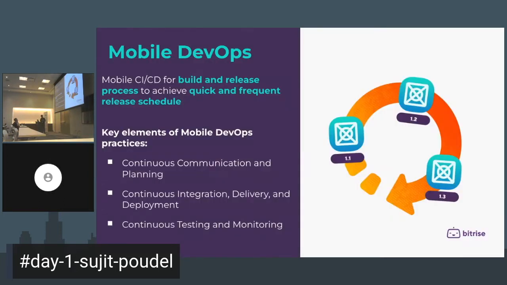At Bitrise specifically, we focus on the CI/CD part of it, and the idea is to help you build the mobile releases in the fastest way possible and the quickest release possible, because one of the issues that my previous company had was, if there is an issue or incident, how do you get the app, after you hotfix it, the fastest way to the app store without relying on somebody who might be on a vacation.